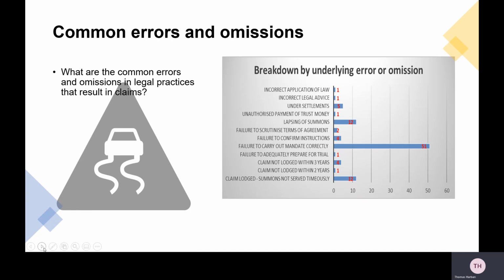You'll note that a failure to carry out the mandate correctly is by far the largest error. And the category just above that, a failure to confirm instructions, is also a related error. Lapsing of summons, as well as failure to serve summons timeously, make up the second highest category.